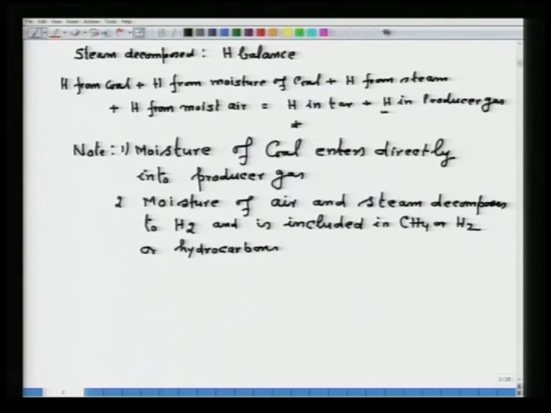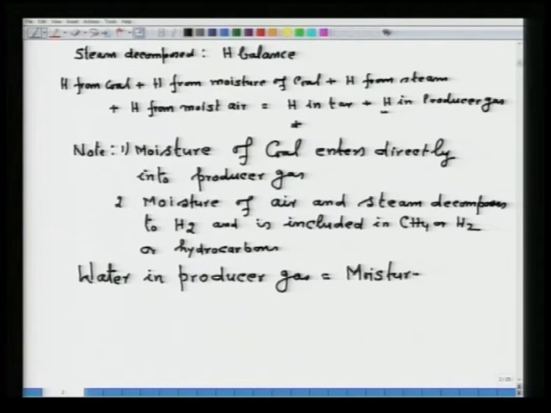That means, if you want to calculate water in producer gas, it follows that water in producer gas is equal to moisture from coal plus undecomposed steam.